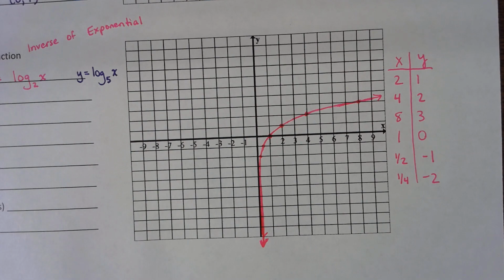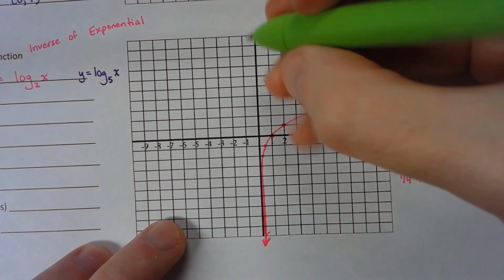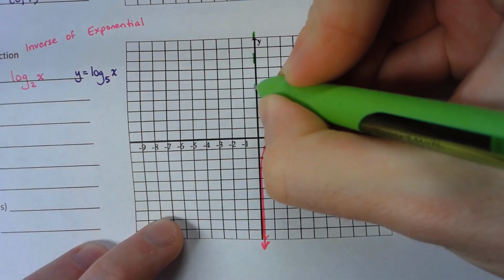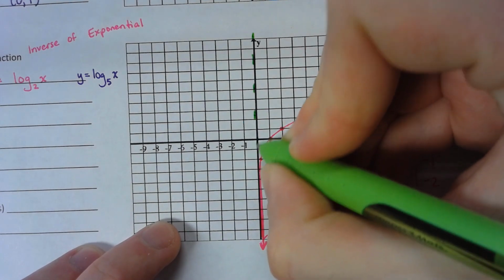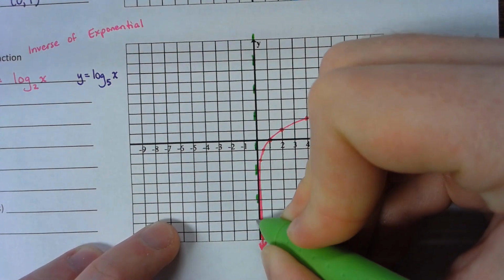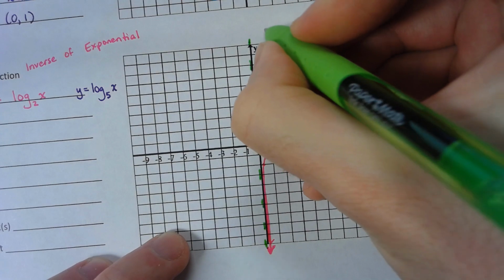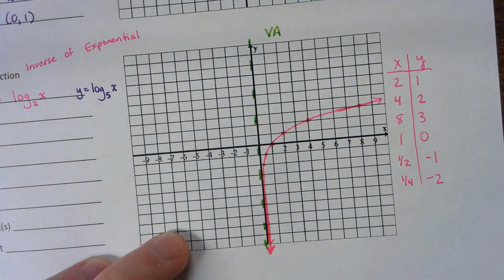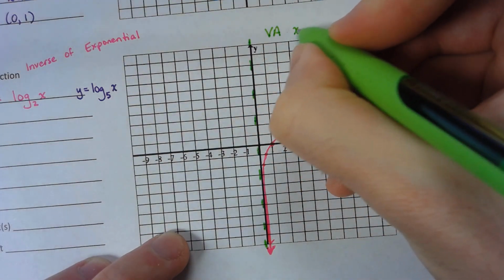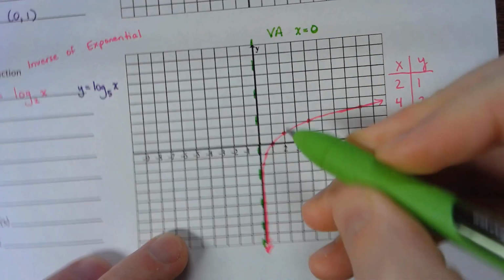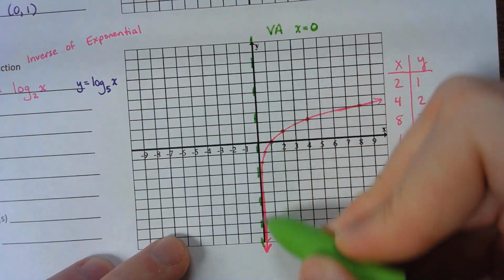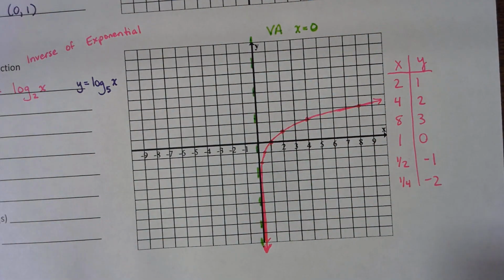This is the graph of a logarithmic function. It has a vertical asymptote at x equals 0. So it has a VA, vertical asymptote, at x equals 0, because it wants to get closer and closer to this dotted line, but it won't ever touch it.